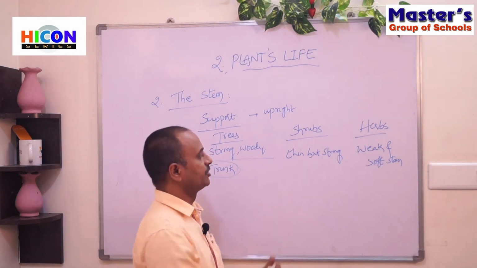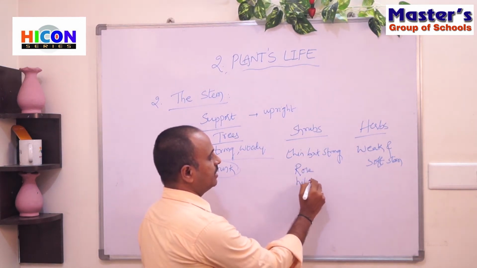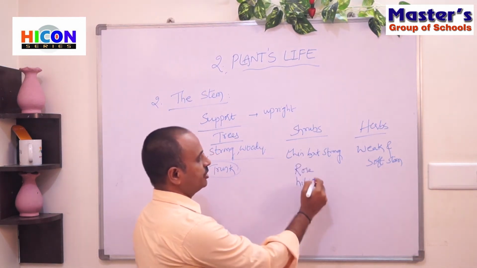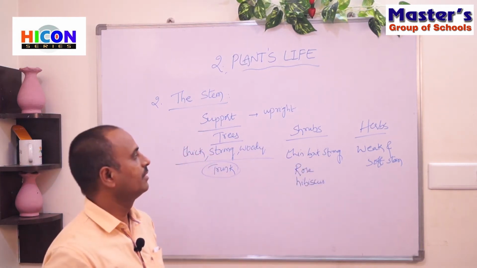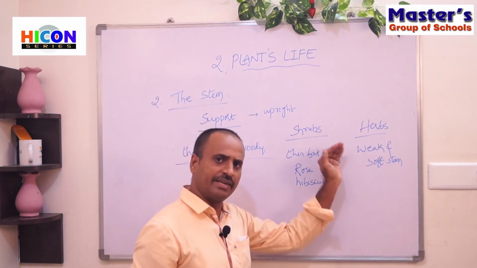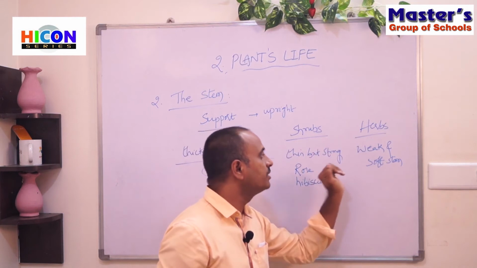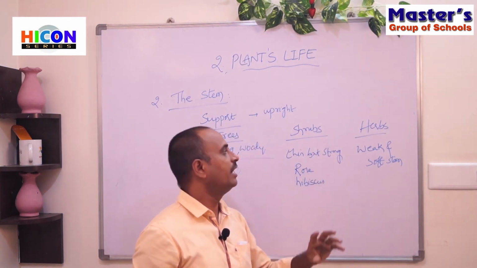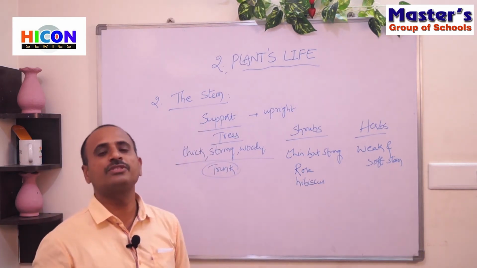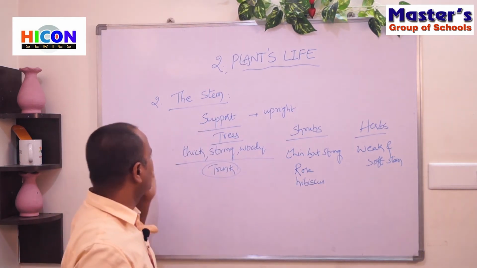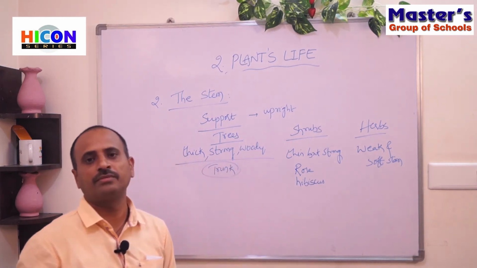Examples of shrubs are the rose plant and hibiscus plant. And some plants look very small. Those are called herbs. The stem of a herb is weak and very soft, and they cannot stand up, so they grow up with the help of a support. So children, these are the different types of plants and different types of stems.